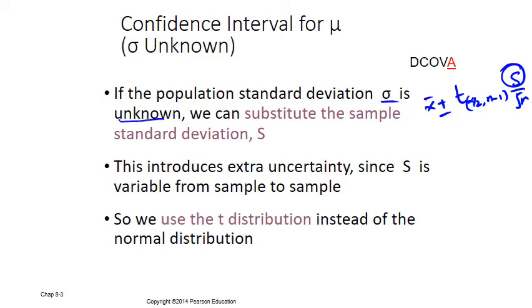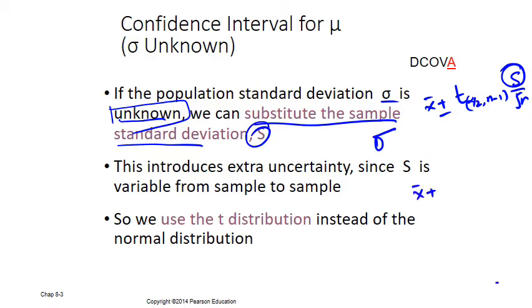This is a very important statement: if the population standard deviation sigma is unknown, we can substitute the sample standard deviation s instead of sigma.